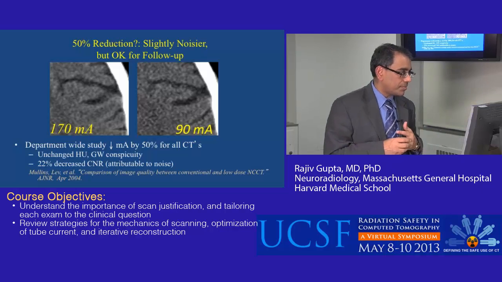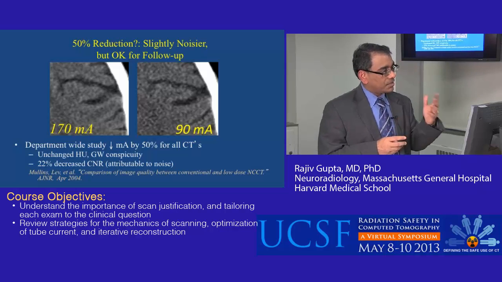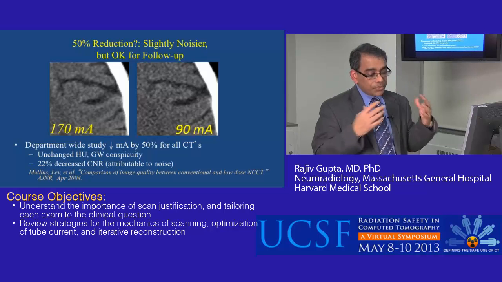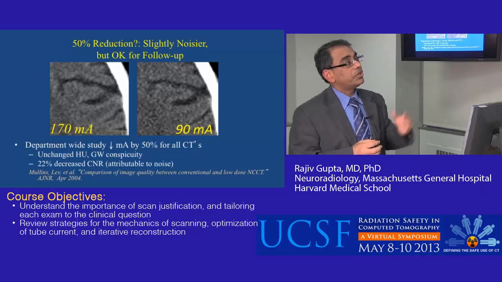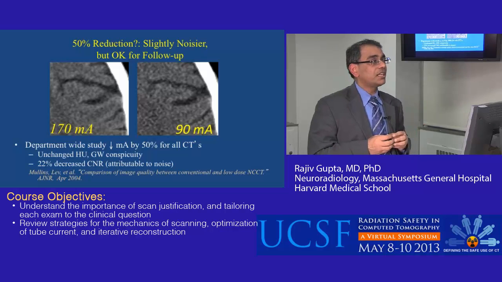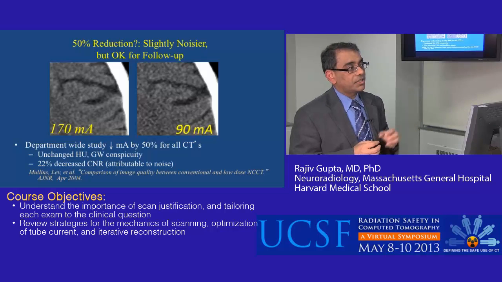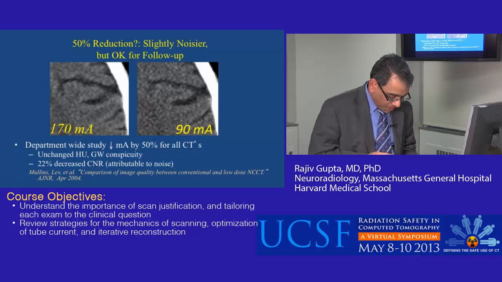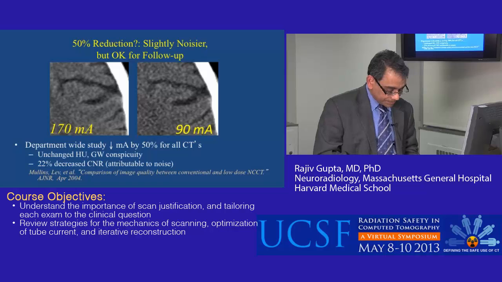Okay, this was published by Mark Mullins and Michael Lev back in 2004. So, there is a lot of potential here to reduce tube current, especially when the clinical question is not about gray white differentiation, especially when we are not looking at a stroke case.